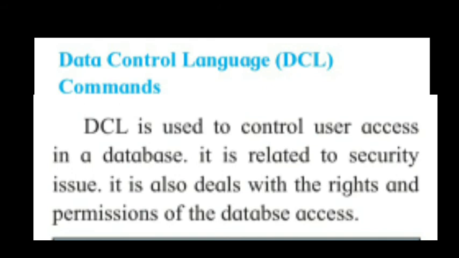Say for example, let me take the example of a bank. A bank consists of so many different departments, for example loan department, fixed account department, recurring account, cash department, credit card department.